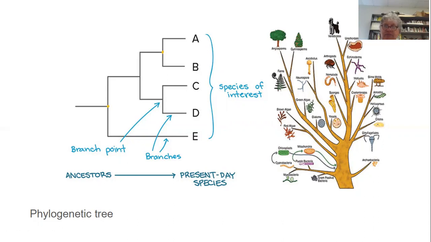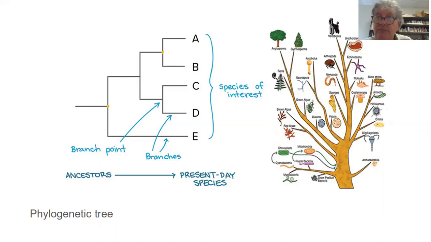Now we have the idea of ancestors and descendants, but we look at the current species around the world and the different families of species, etc. And in the tree of life, with evolution, we all come back from a common ancestor. And at some point, a new species arrives that leads to a branch point and different branches.